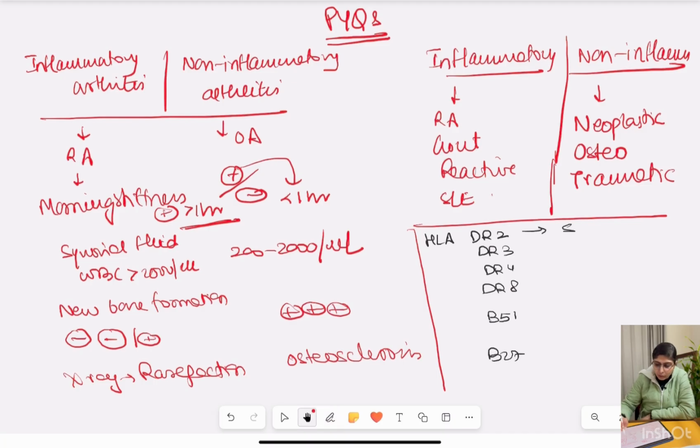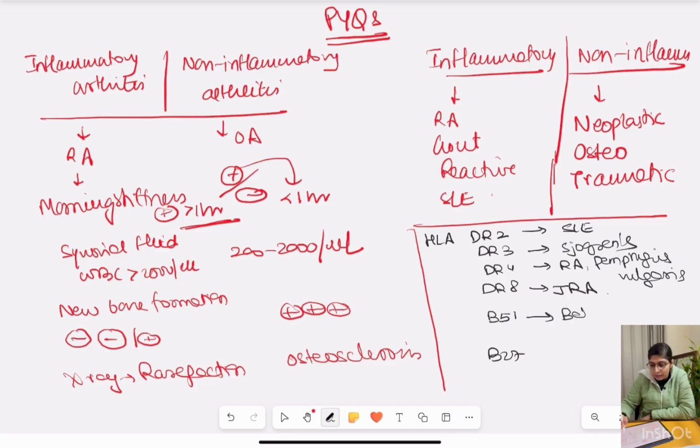We'll remember it like this. So DR2, SLE, DR3, Sjogren's, DR4, rheumatoid arthritis and pemphigus vulgaris, DR8, JRA, juvenile rheumatoid arthritis or juvenile arthritis, B51, we all know Behçet, and B27, ankylosing spondylitis.